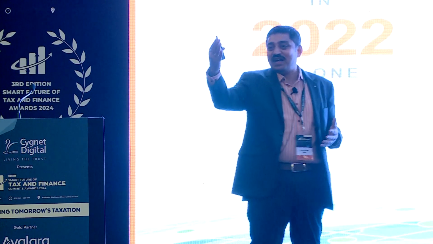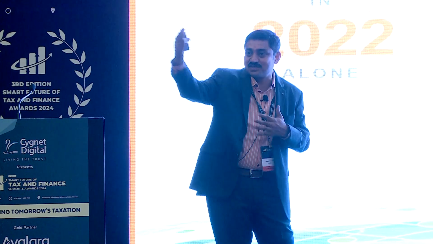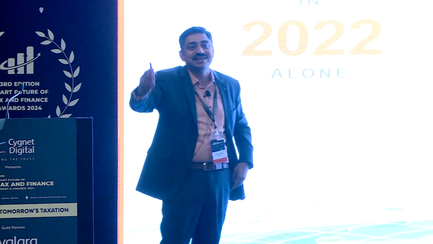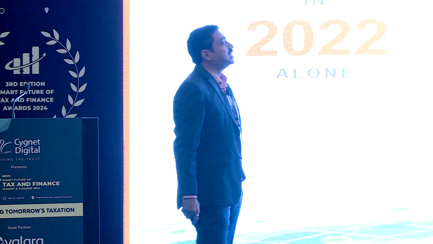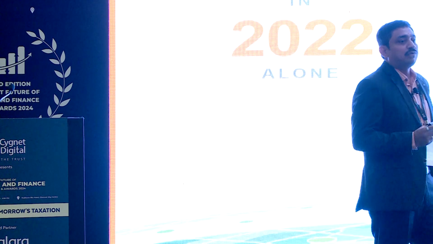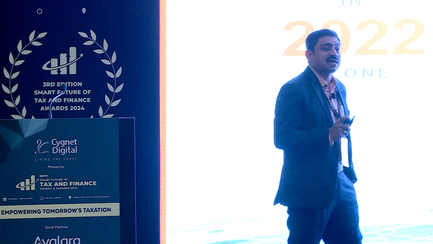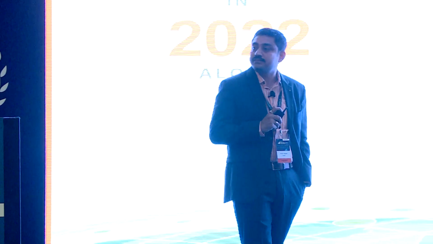I'm sure the way businesses are progressing is going to reach that number, but definitely not that much. Let me tell you, sir, only in 2022 alone, there were rate and taxability updates of about 260,000 in the United States in 1 year. And about 122,000 US sales tax holiday updates were given.